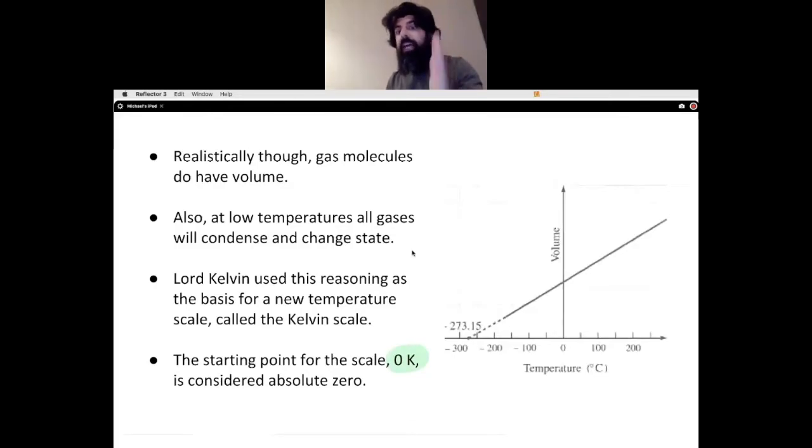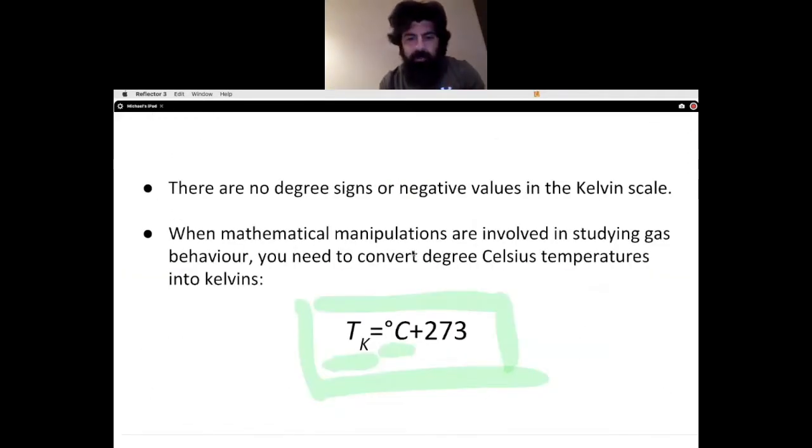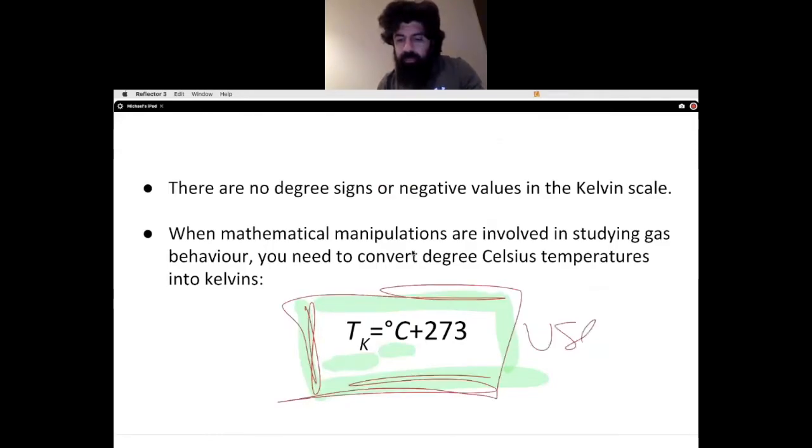And at 0 Kelvin, technically, we don't have a gas anymore, because according to this graph we assume that the volume of a gas is 0. So remember that, every time. Here's the note: anytime you are dealing with temperature in a calculation, always, always, always use this formula.